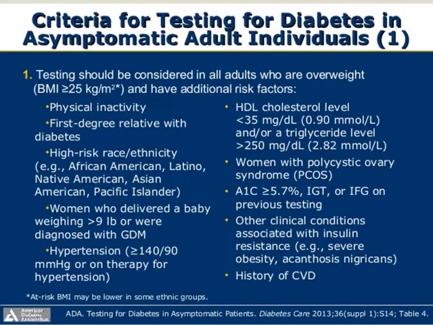If the patient also has hypertension or is on treatment for hypertension, if his HDL cholesterol level is low or his triglyceride level is high, and women with polycystic ovarian syndrome, or a patient with A1C more than or equal to 5.7%, or impaired glucose tolerance or impaired fasting glucose on previous testing, and any other clinical conditions associated with insulin resistance, like severe obesity or the skin manifestation called acanthosis nigricans, which appears as velvety hyperpigmentation in the back of the neck and in the axilla, or if the patient has a history of cardiovascular disease.